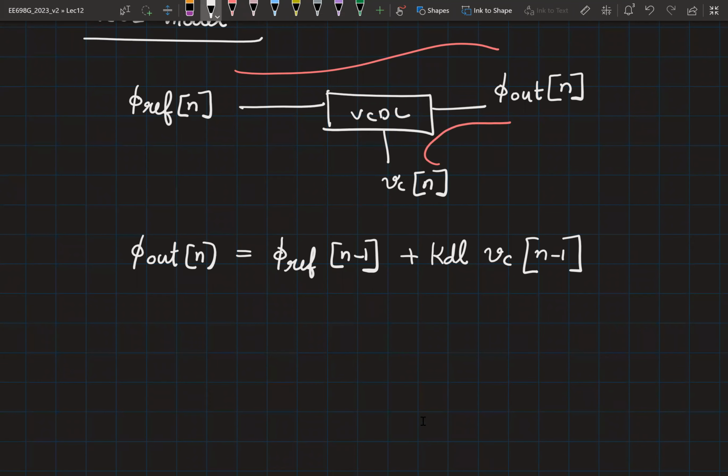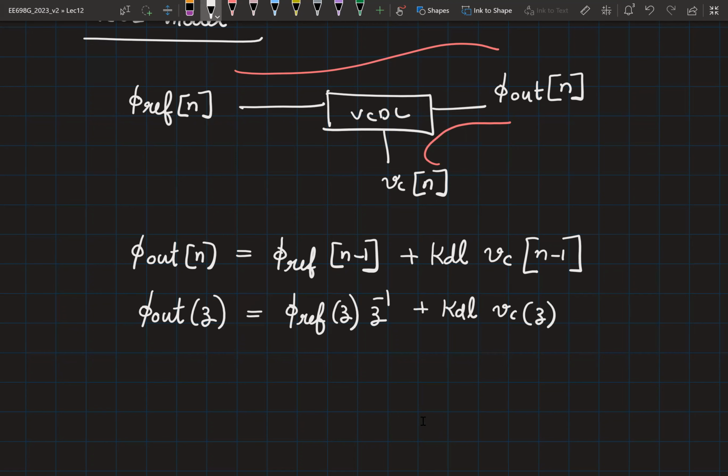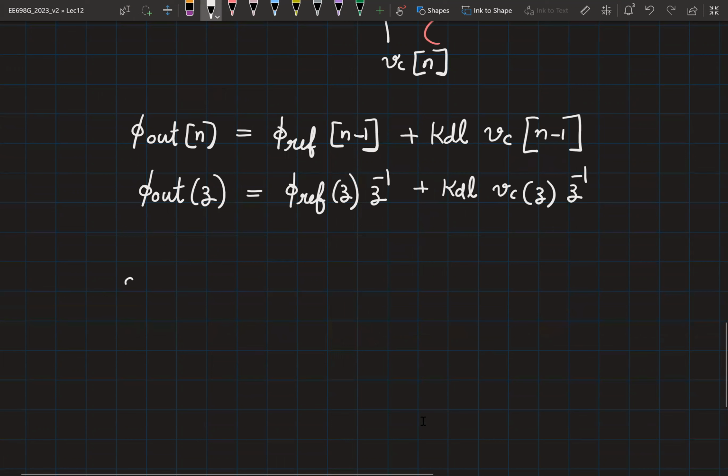Now, once you write like this, it becomes very easy to get the Z transform. So this is equal to phi ref of Z into Z inverse plus KDL into VC of Z into Z inverse. So now I can model this.